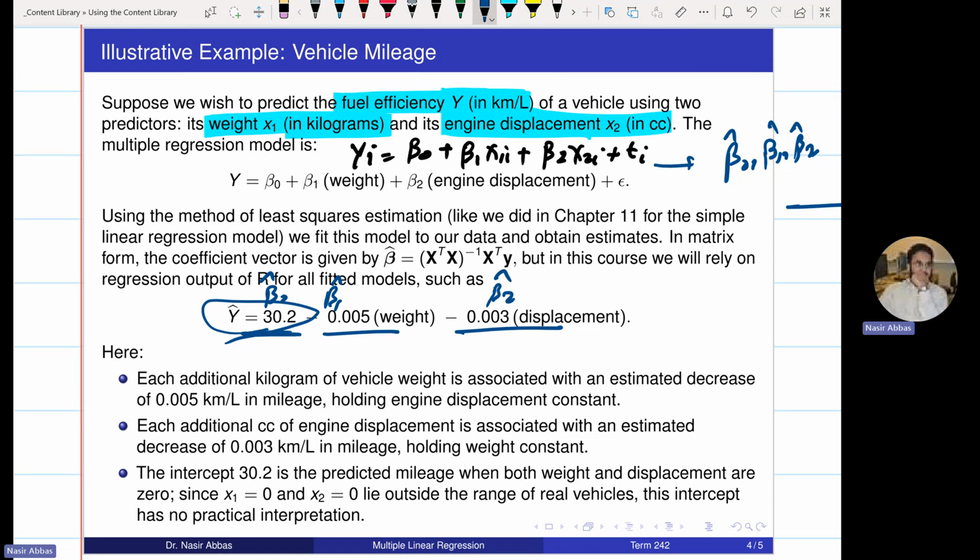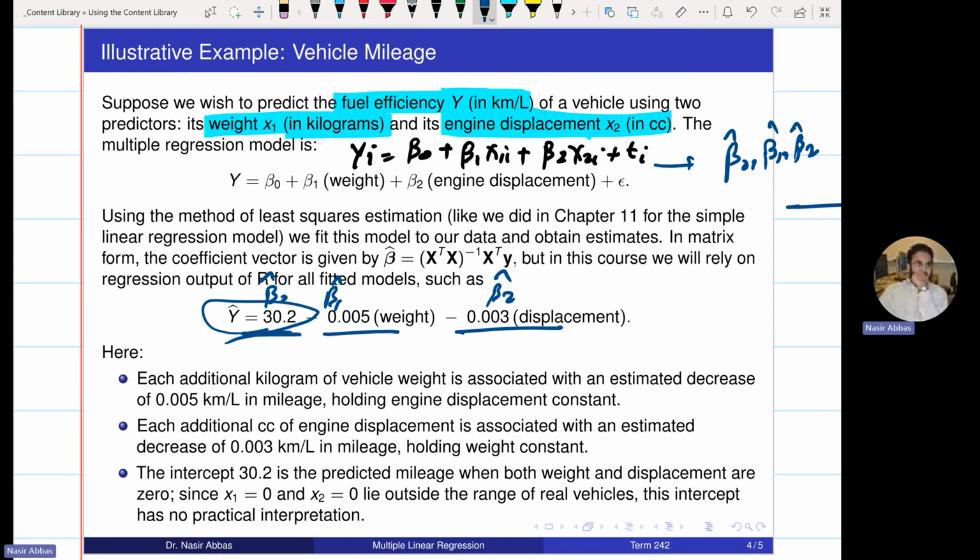Even without looking at the data, you can see that x1 equals 0 is not possible. I'm not sure about x2, how the engine displacement is computed from engine, but you cannot have a vehicle with 0 weight. So even looking at the description of the variable, you can say that in this example, beta naught hat will have no meaning.